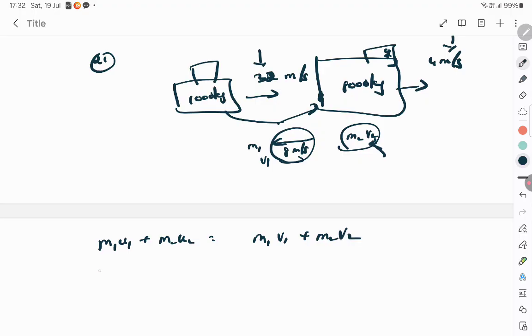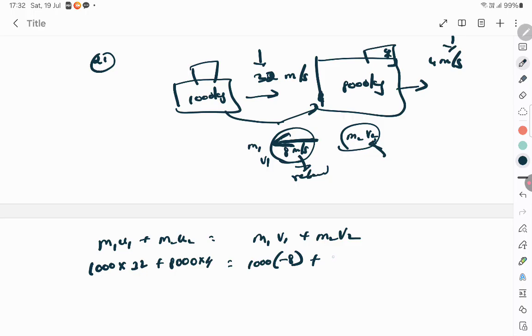M1 is 1000, its velocity is 32, plus m2 is 8000, the velocity is 4, is equal to the final velocities. M1 is again 1000, and it's going with the velocity of 8, but you have to write it as minus 8 because it's going to rebound.